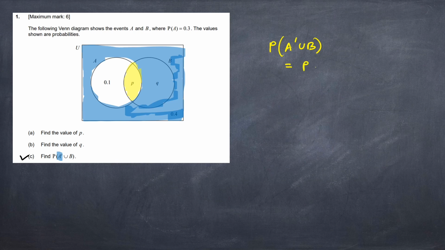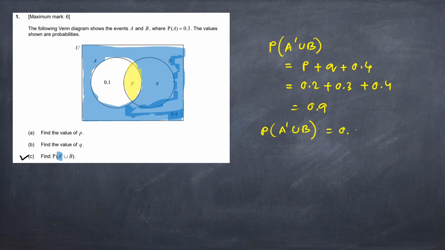So it includes P plus Q plus 0.4. The value of P is 0.2, Q is 0.3, plus 0.4. So we get P of A complement union B is equal to 0.9.